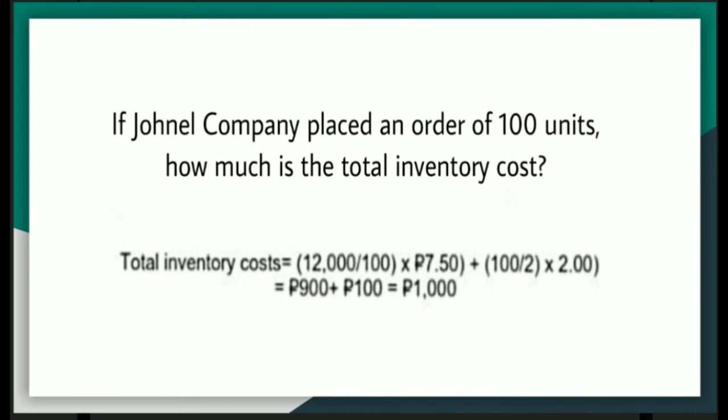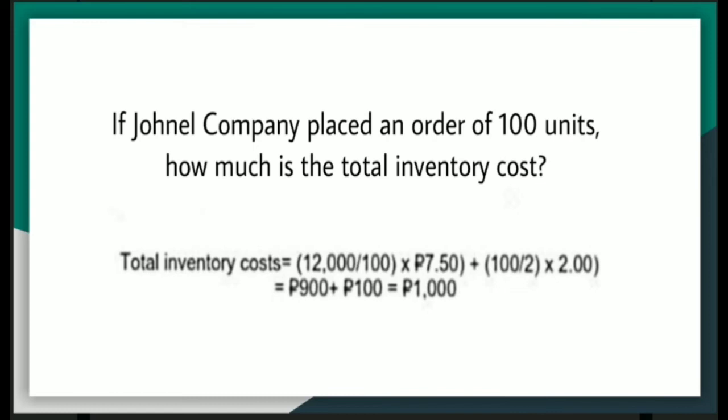So 12K divided by 100, which is our EOQ, times 7.50, this is the ordering cost, plus our carrying cost, which is 100 divided by 2 times 2.